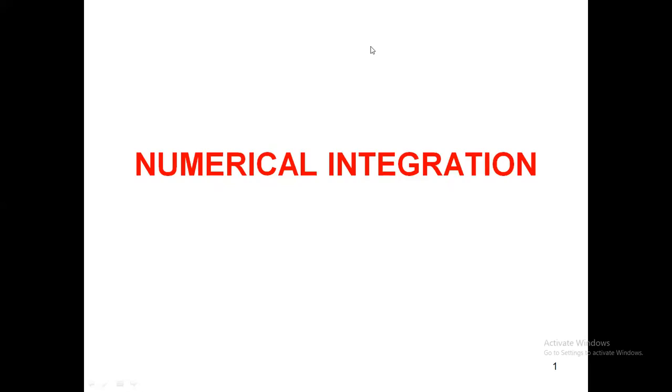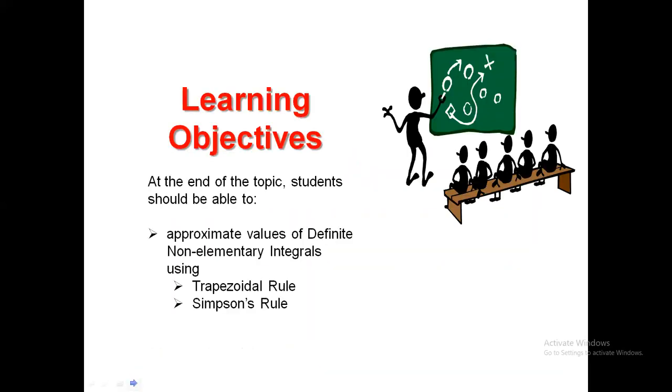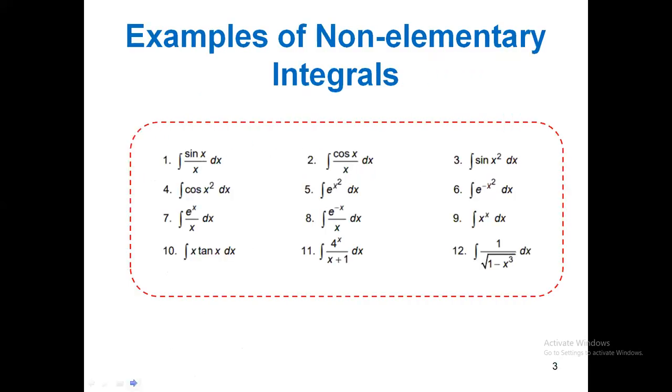Now we are reviewing. I will have a quick review on numerical integration. Your objective is to be able to approximate the values of definite non-elementary integrals using the methods that we have discussed. We have discussed the trapezoidal rule and Simpson's rule, as two examples of non-elementary integrals.